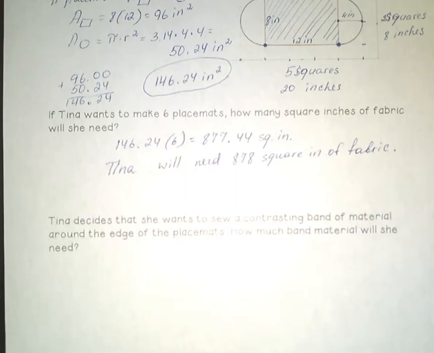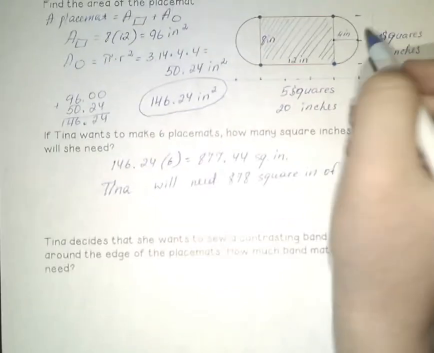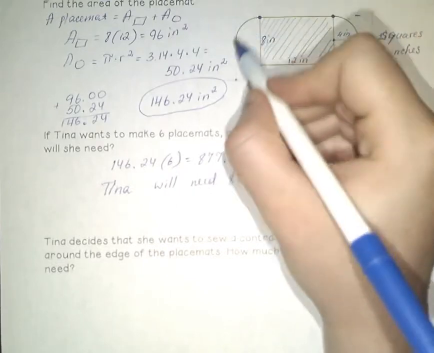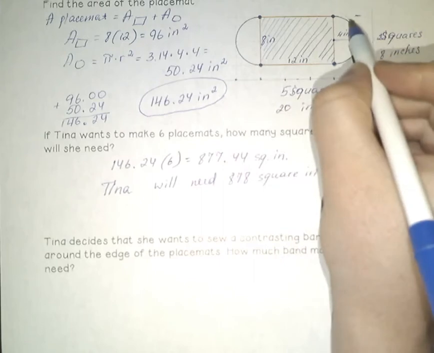Okay, last one. Tina decides that she wants to sew a contrasting band of material around the edge of the placemats. How much band material will she need? Okay, so here we have our placemat again, and to find the band around the edges, that is what we call perimeter, right?